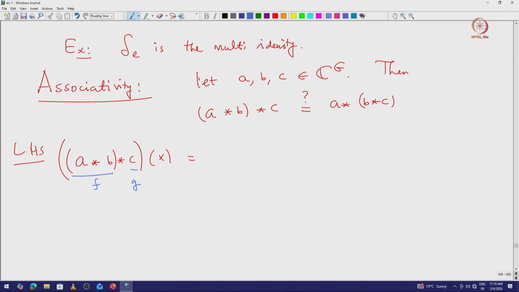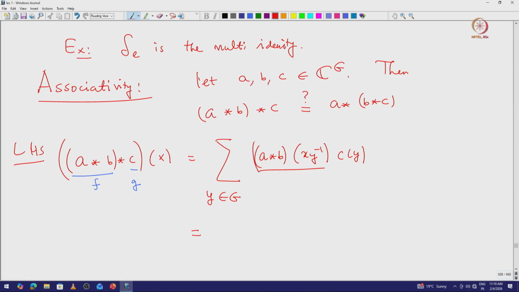Then if you use the definition, you get exactly the summation over y in G of f of x y inverse, which is (a star b) of x y inverse, and then you have c of y. Which again you can rewrite using the definition of a star b.